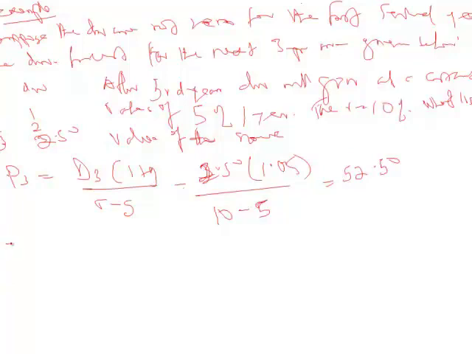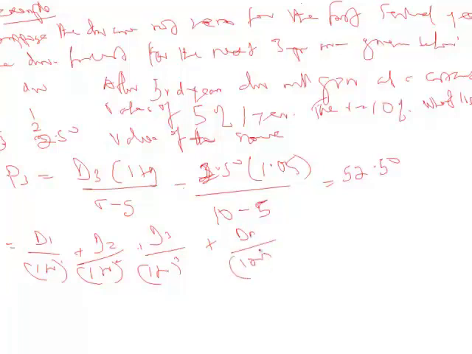The price is the dividend in the first year all over 1 plus r raised to power 1, plus dividend in second year all over 1 plus r raised to power 2, plus dividend in third year all over 1 plus r raised to power 3, plus the terminal value, which is 52 naira 50 kobo, all over 1 plus r raised to power 3 as well.